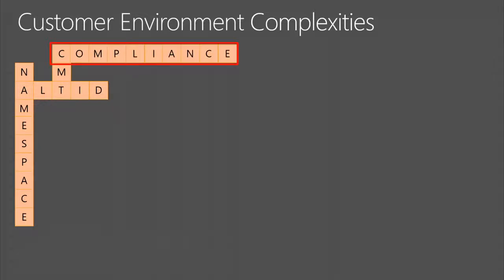Compliance is another big one. If you have a customer that has heavy compliance requirements for some legal reason, maybe they need to look at keeping all of their data tracked all the way through. Now, you're moving a mailbox to the cloud. How are you going to do that? If you're on Exchange 2010 or higher, one thing you can do is set litigation hold on the mailbox prior to moving it.